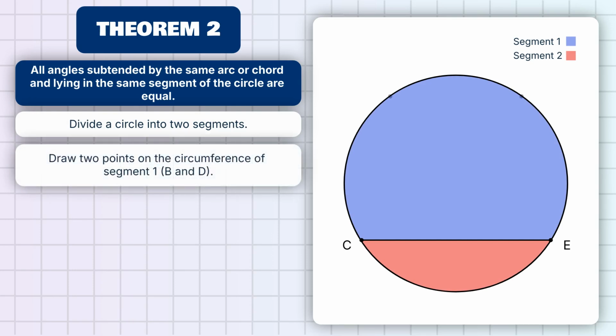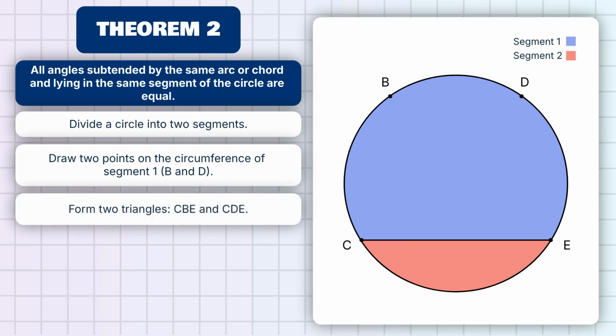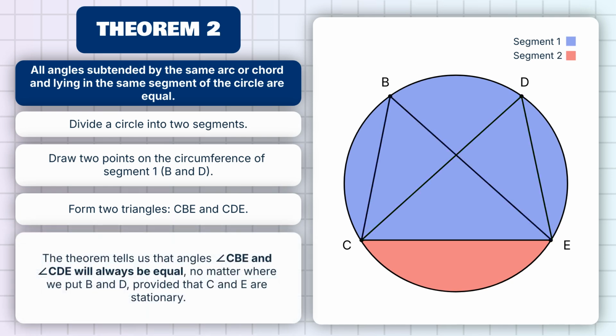Let's now put 2 points on the circumference of segment 1, and let's label them B and D. We can now form two triangles, first CBE and then CDE. The theorem tells us that angles CBE and CDE will always be equal, no matter where we put B and D, provided that C and E are stationary.